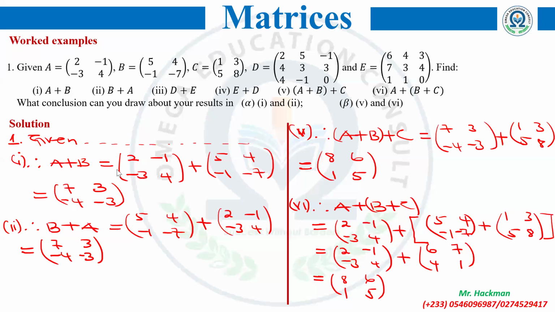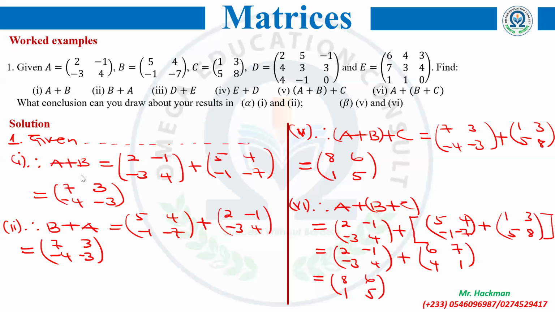Addition is possible because they have the same order. So I add corresponding entries. That gives 2 plus 5, which is 7 for my first entry, minus 1 plus 4, which gives 3, minus 3 plus minus 1, which gives minus 4, then 4 plus minus 7, which gives minus 3. That will be my final result of the matrix A plus B.